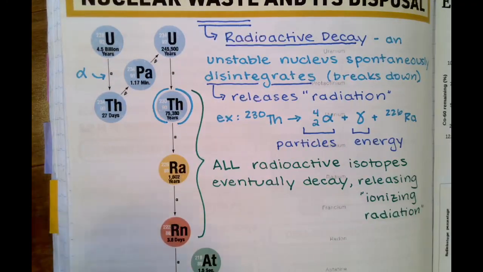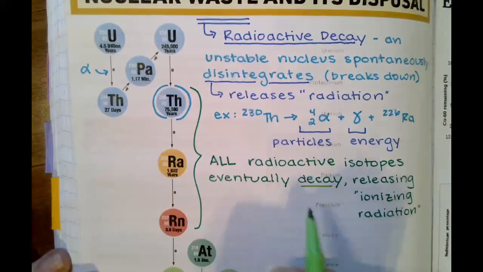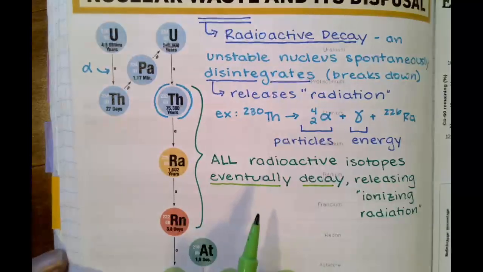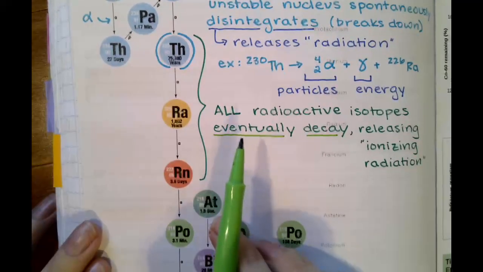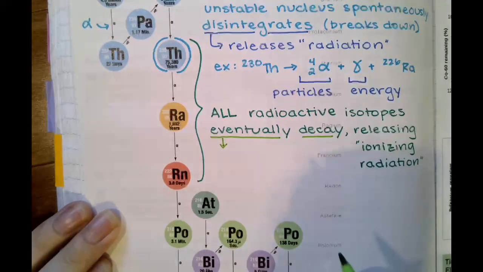So when we say decay, we mean this breaking apart process, and the speed at which it happens, or I guess the rate at which it happens, is we measure that in terms of half-life. So that's sort of the eventually part of this.